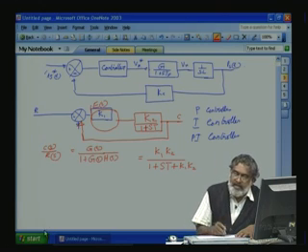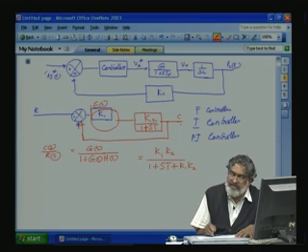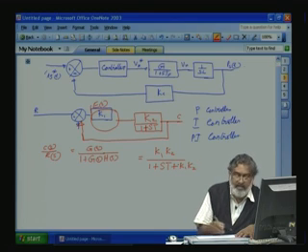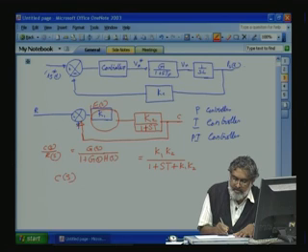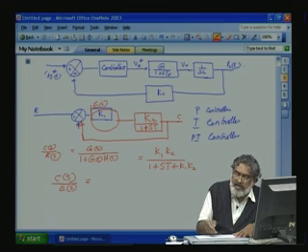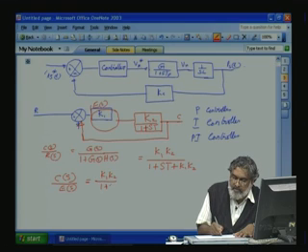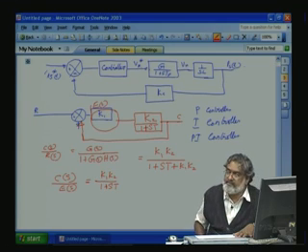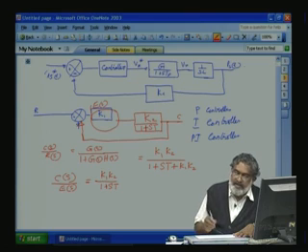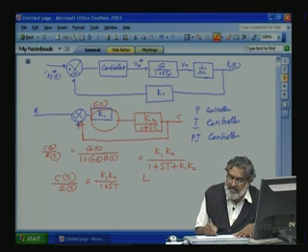C(s) by E(s) is equal to K1 K2 by 1 plus ST. Now, what is E(s) by R(s)?